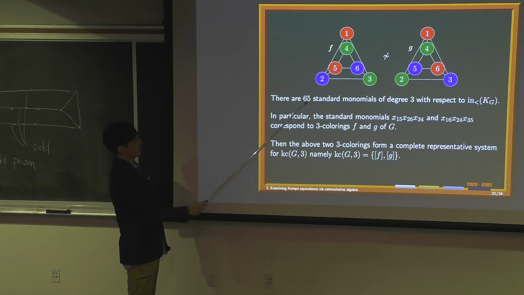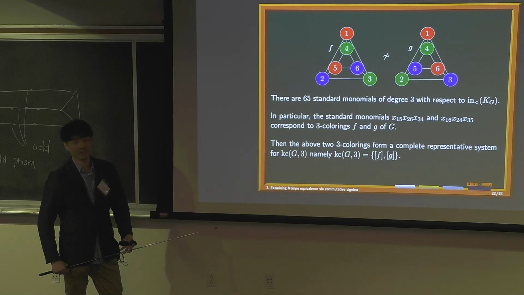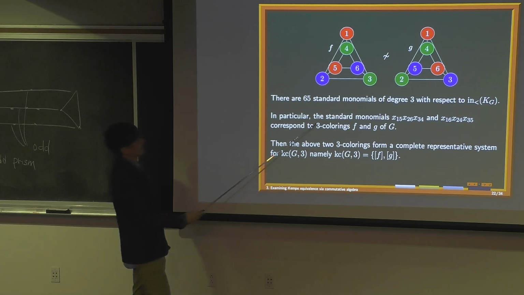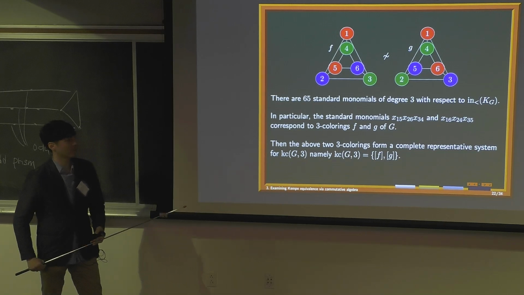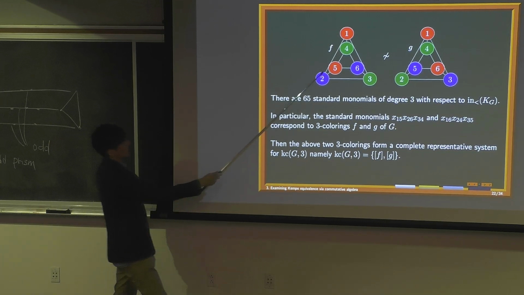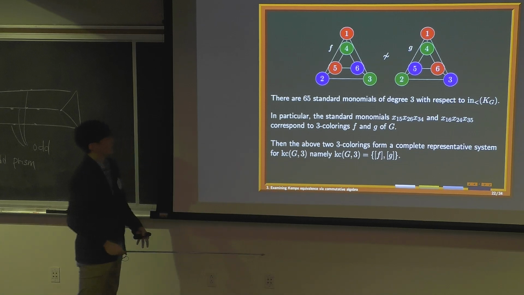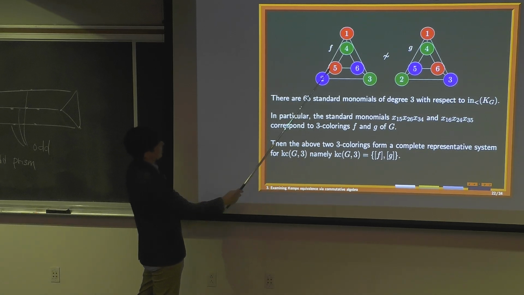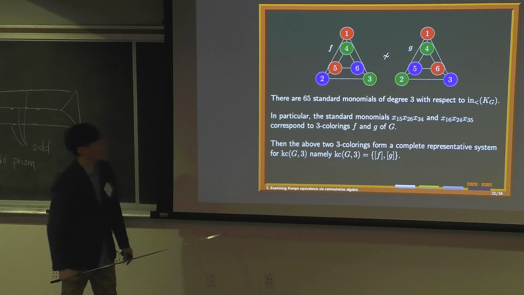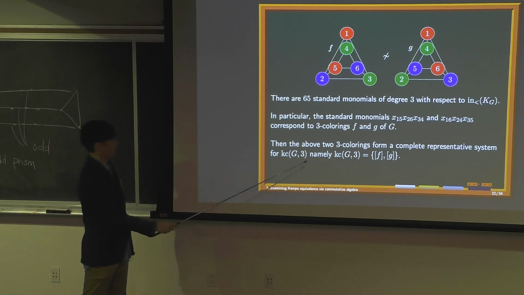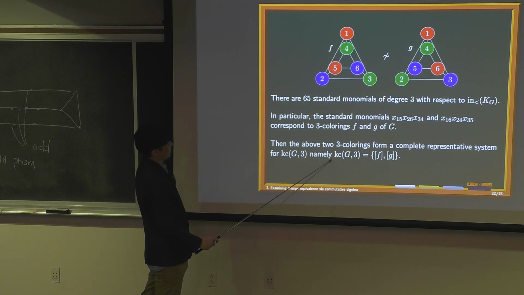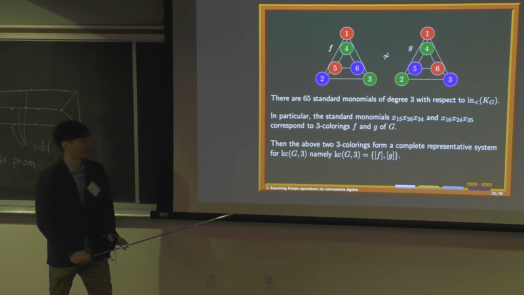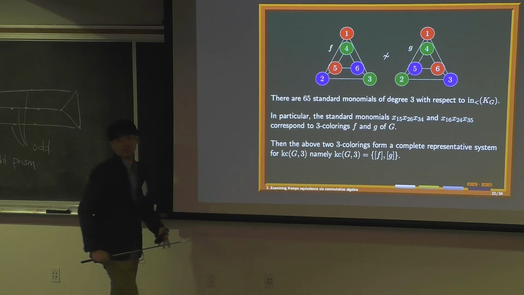Then there are 65 standard monomials of degree 3. In particular, these two standard monomials correspond to these 3-colorings of G. Then the above two 3-colorings form a complete representative system for KCG3. So by computing standard monomials, we can compute Kempe classes.